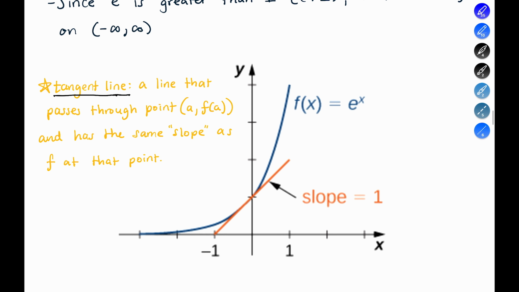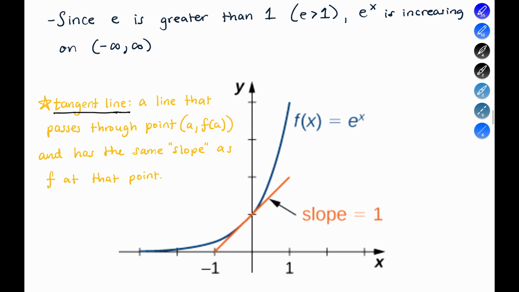And a cool thing about this function, e to the power of x, is that as we approach the y-axis, at the y-intercept, if you take the tangent line of the function, and by the way, a tangent line is just a line that touches the curve at one point.